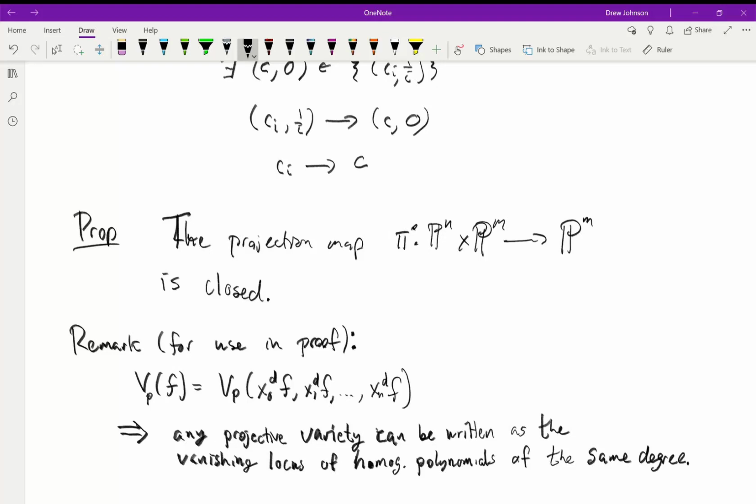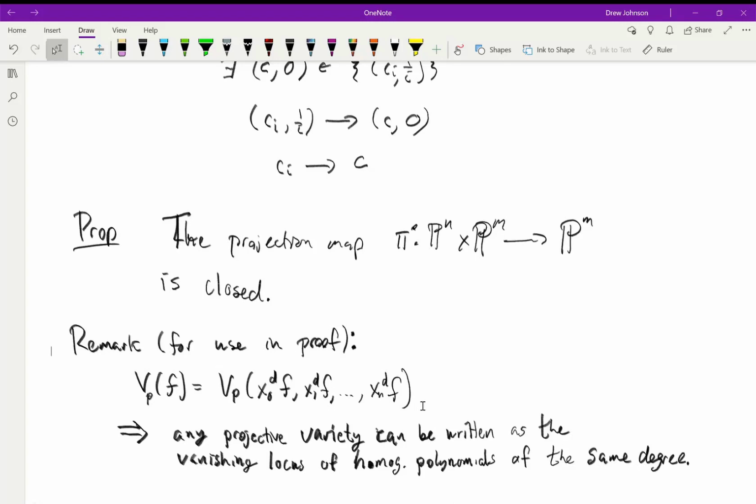Before we do the proof, let me give you this remark that we skipped a little while back, but we're going to need it now. It says the projective vanishing locus of f, where f is a homogeneous polynomial, is equal to V_p of x_0^d f, x_1^d f, and so on. And the point now is that you've increased the degree of f by multiplying by x_i^d.